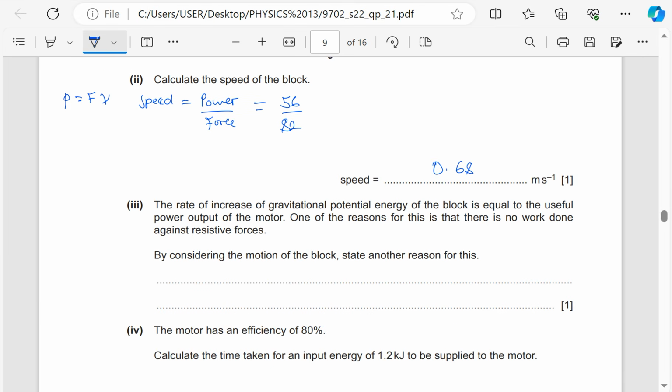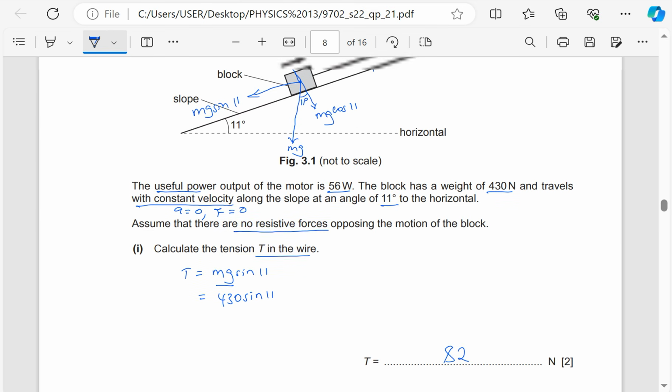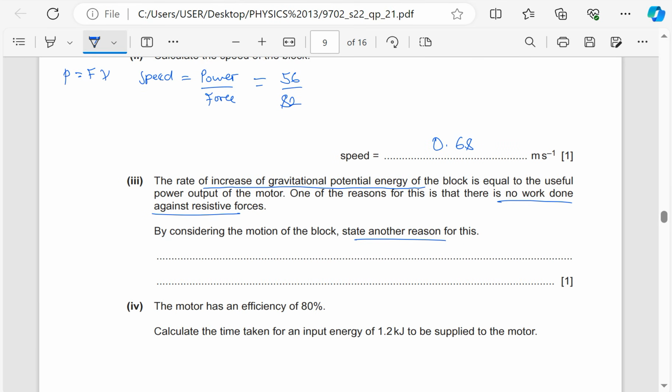The rate of increase of gravitational potential energy of the block is equal to the useful power output. One of the reasons for this is that there is no work done against resistance. By considering the motion of the block, state another reason. Of course, there is no work done against resistance, and they also told us it was moving with a constant velocity, which means kinetic energy is constant.